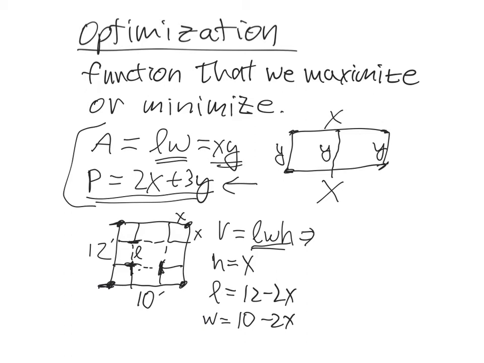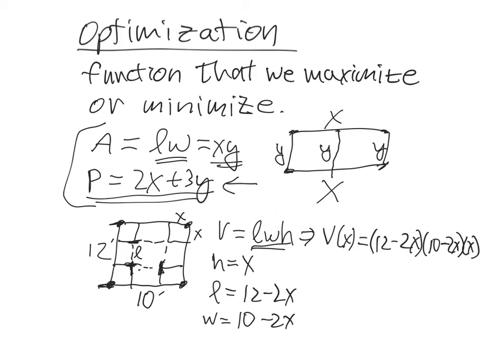So our volume function then, all of these would turn the volume into a function. Length times width times height, and we've got the volume in terms of just the one variable x.